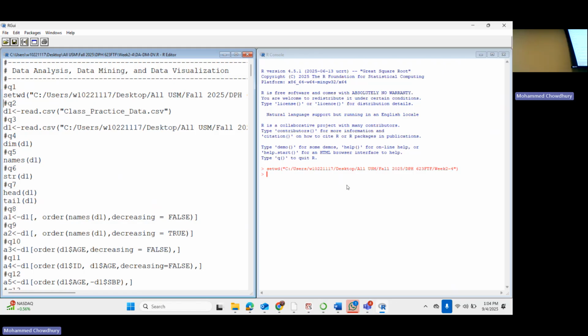My working directory is the user, desktop, All ASM, fall 2025, DPS 623, F, face-to-face folder. This is the folder where I am keeping all the materials. And then week 2 to 4, because in week 2 to 4 I am going to discuss data analysis, data mining, and data visualization. Do you understand? So this is the folder, the location where all my code and data, all the materials are saved.